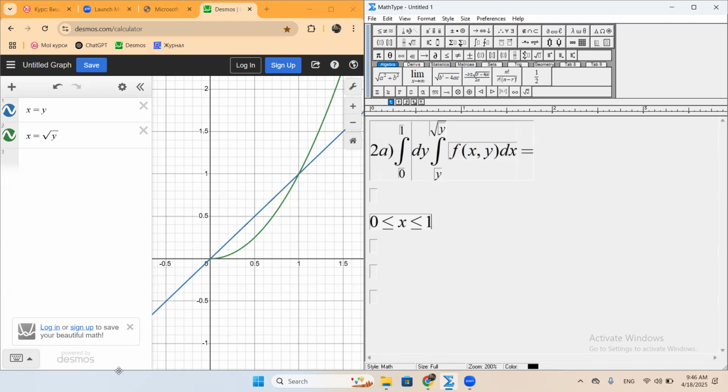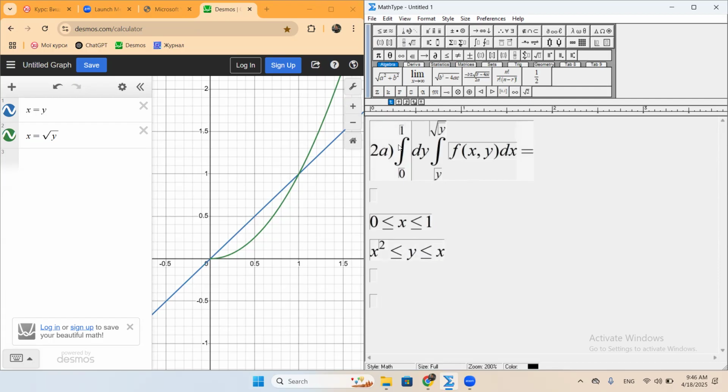And by the way, it's a good idea maybe to use hotkeys. So from 0 to 1, and y changes from x squared to x.